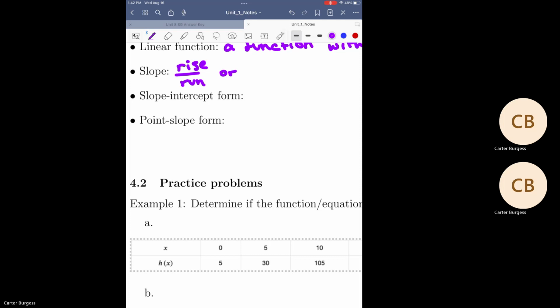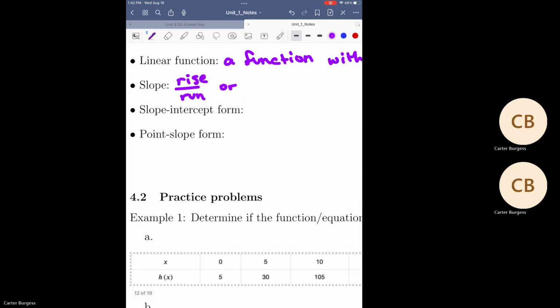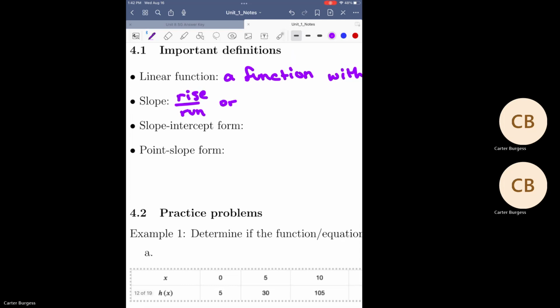What else is slope? Yeah, fantastic. So taking this rise over run idea and turning it into something a little more concrete, we say that this is also y2 minus y1 over x2 minus x1.